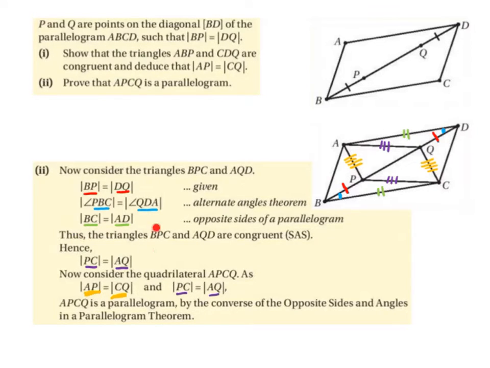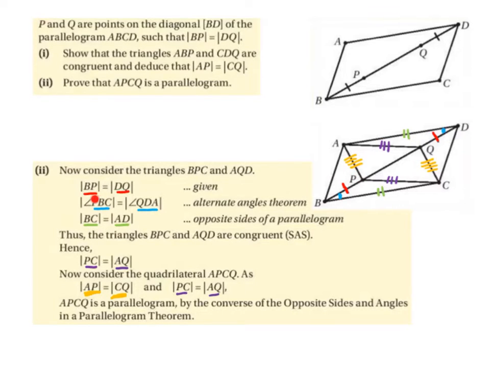Thus, the triangles BPC and AQD are congruent by SAS, side, included angle, side. The red lengths BP and DQ are equal.